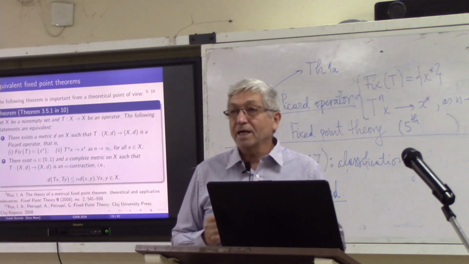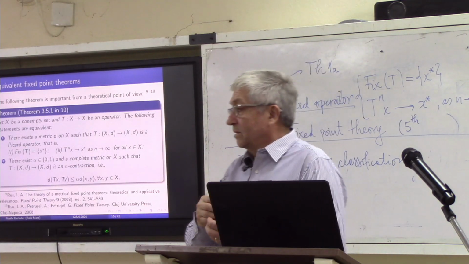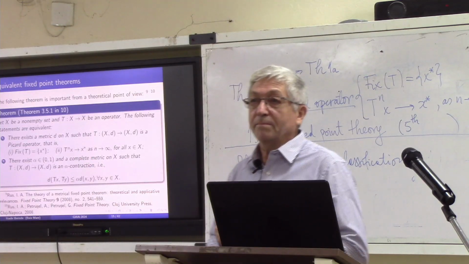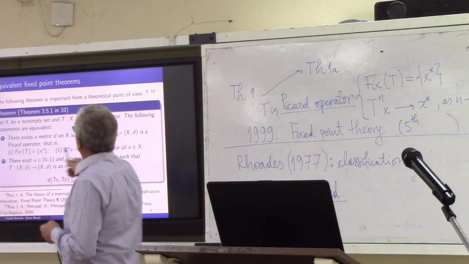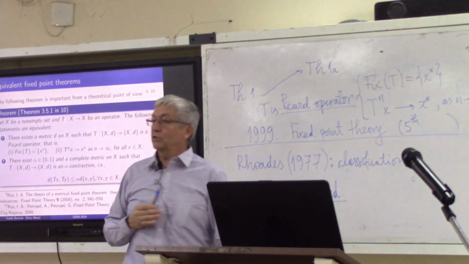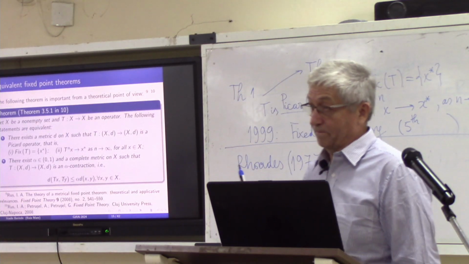Well, from a theoretical point of view, what does it mean? That tens, hundreds of fixed point theorems which have this conclusion, T is a Picard operator, are equivalent to the Banach contraction principle.